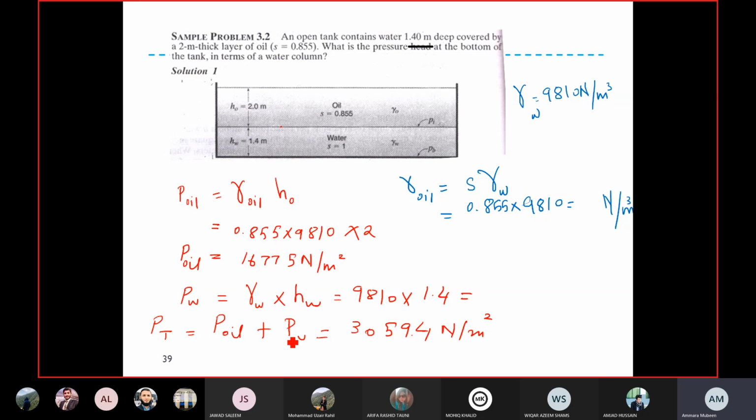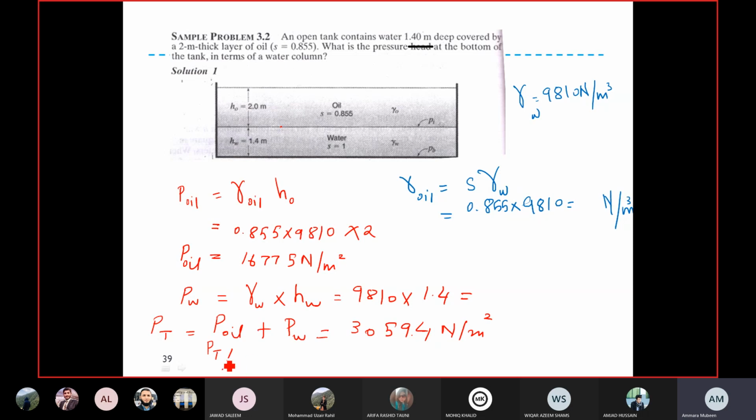You just verify this value later on, but let me tell you how would you get this value in terms of water column. How would you get it? This is the total pressure at the bottom. So you need to find out pressure head in terms of water column.